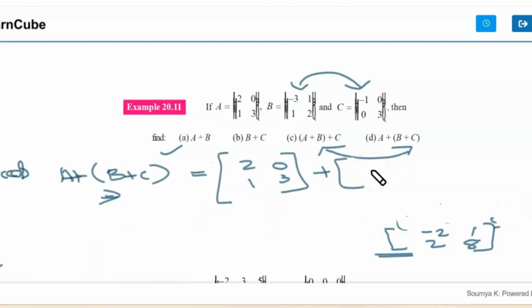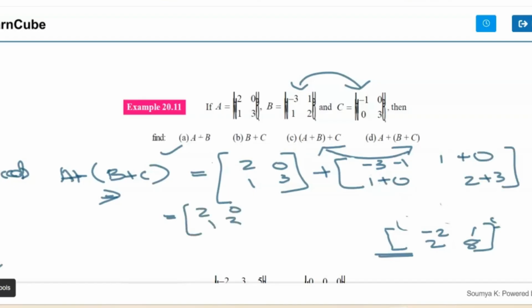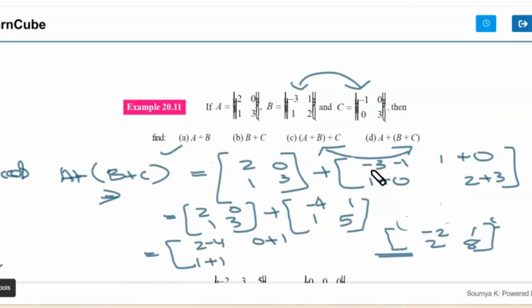Let's add B and C matrix according to your D question. So minus 3, minus 1, 1 plus 0, 1 plus 0 here, 2 plus 3. So that gives you the solution as minus 4, 1, 1 and 5. Now let's add these two. 2 minus 4, 0 plus 1, 1 plus 1, 3 plus 5.